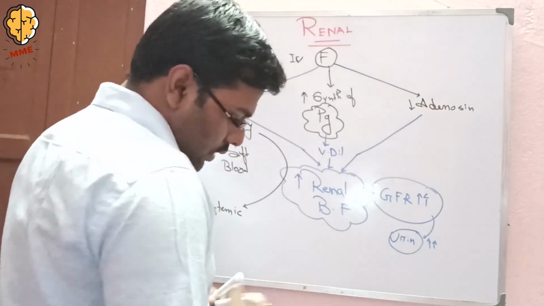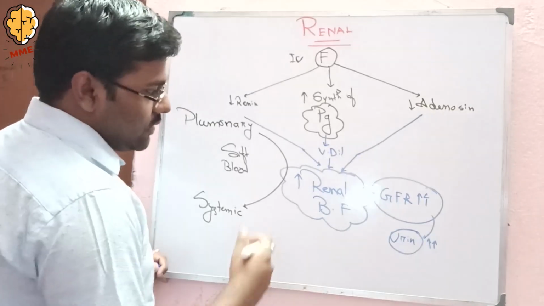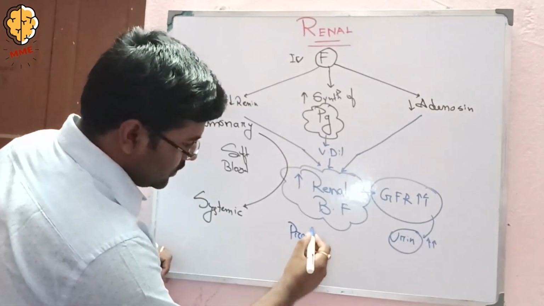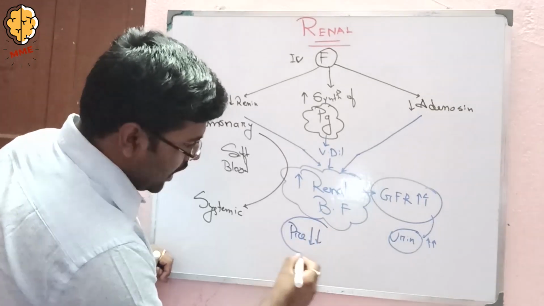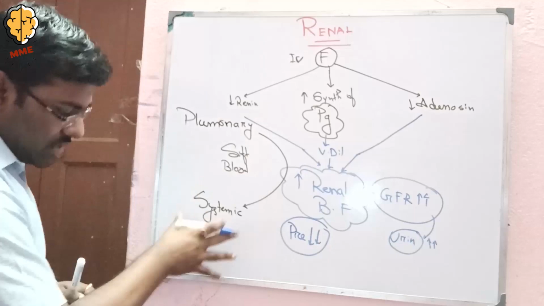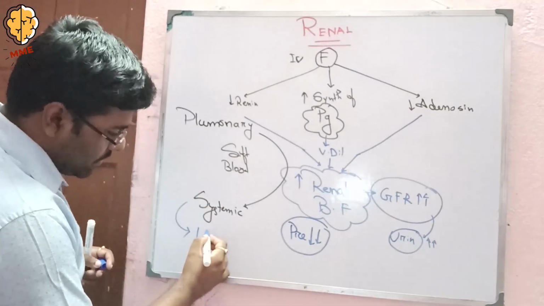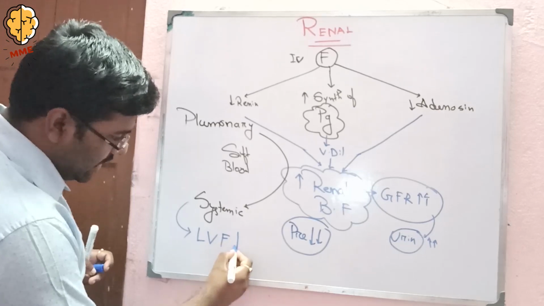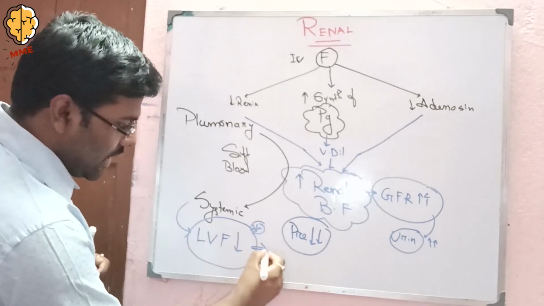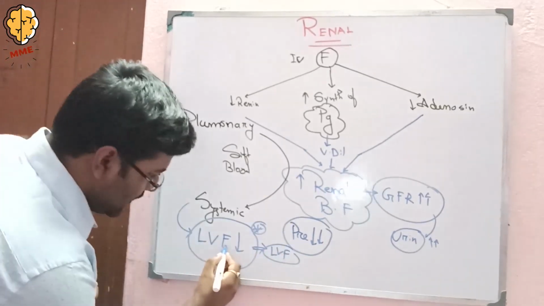Because there is the venodilation, and if the venodilation was done, the preload will decrease. So the preload is decreased. If the preload is decreased, then the shifting of the blood from the pulmonary to the systemic was done, and that helps in decreasing left ventricular filling. If the left ventricular filling is decreased, it will help in left ventricular failure.